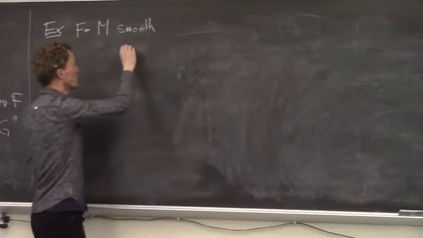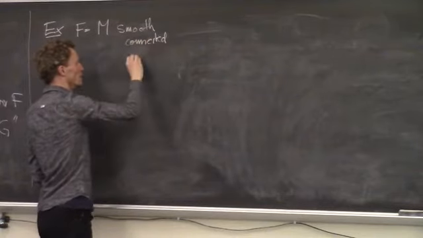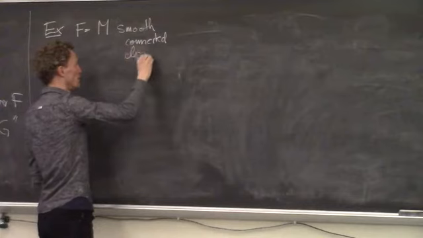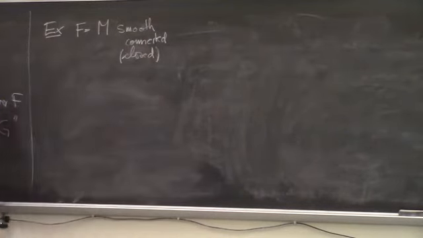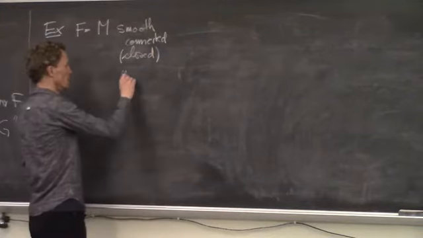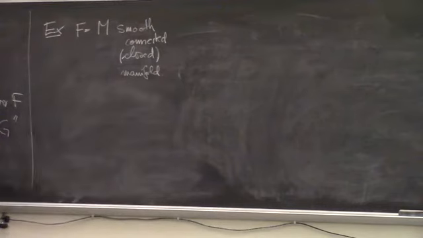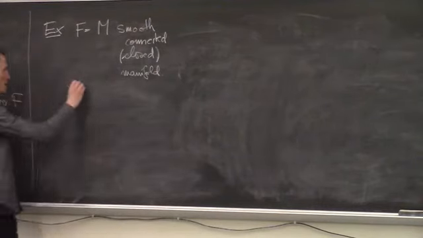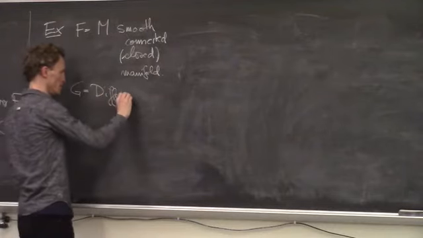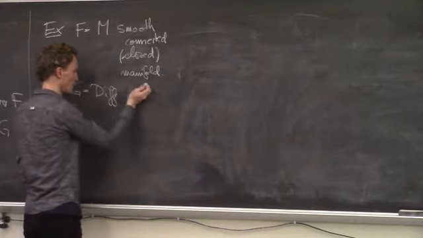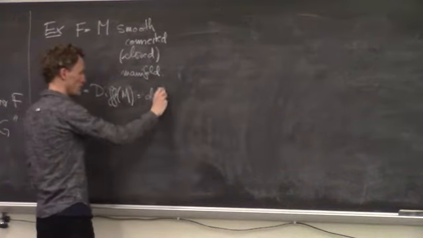I'll add some more adjectives: connected, closed, sometimes compact and no boundary. And G is the group of diffeomorphisms, and write this Diff of M. Diffeomorphism group.